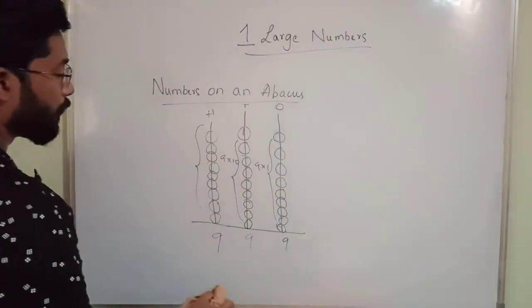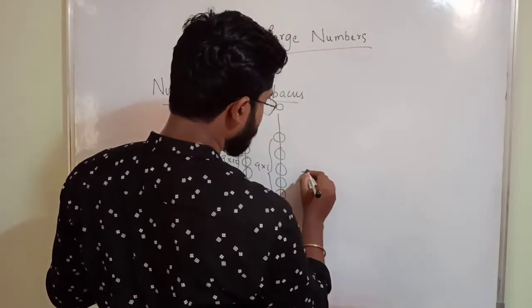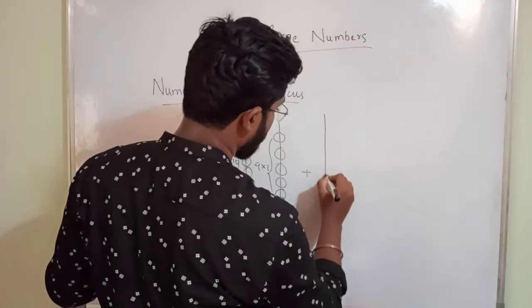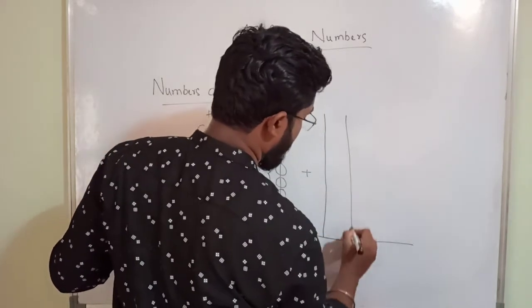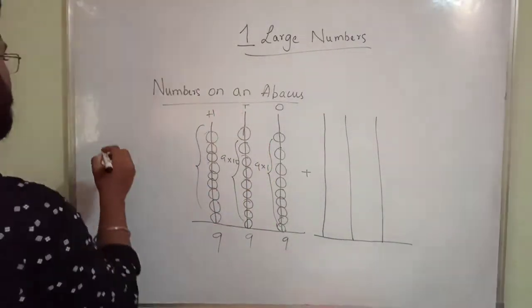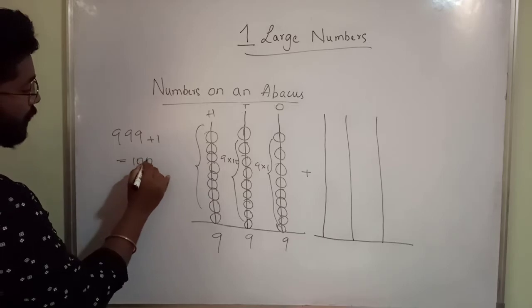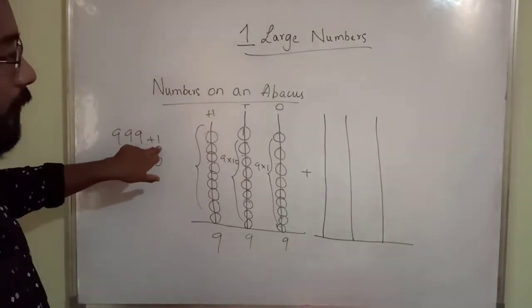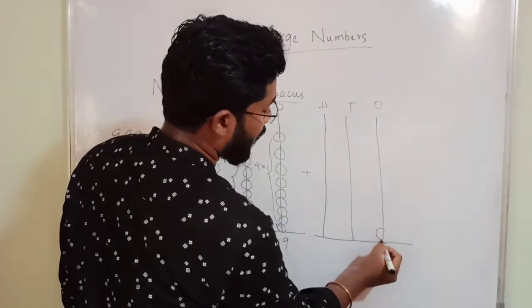For this you have to add one more. 999 plus 1 equals 1000, no? So here you have to add 1 in ones place, tens place, hundreds place.